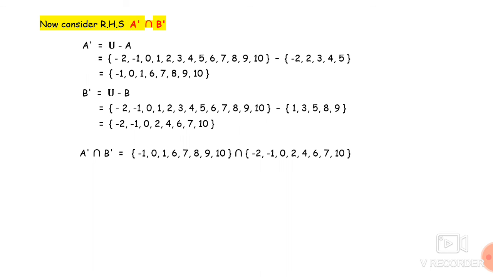To find the intersection, we just write down the common elements. So the common elements between both the sets are -1, 0, 6, 7 and 8. Here we can see our left hand side and right hand side are both equal. It means we have proved our De Morgan's law.